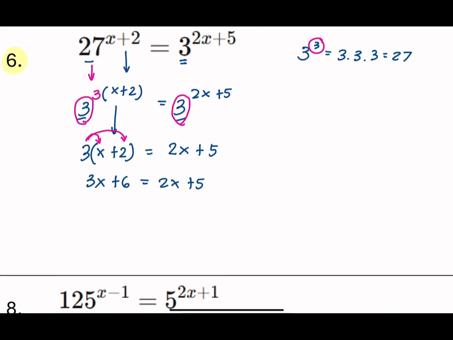Again, I need to cancel my 2x, so I'm going to subtract 2x on both sides. Cancel. 3x minus 2x is just 1x, or simply x. Bring down plus 6 is equal to bring down plus 5.